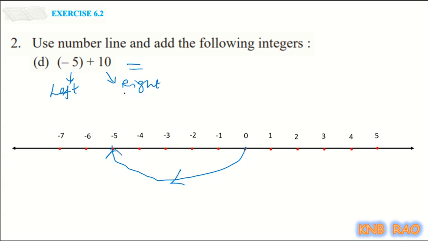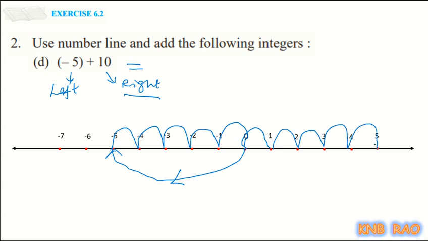From there I am moving rightwards by 10 steps. 1, 2, 3, 4, 5, 6, 7, 8, 9, 10. That means by moving towards right for 10 times we arrive at the plus 5. So that is the answer.